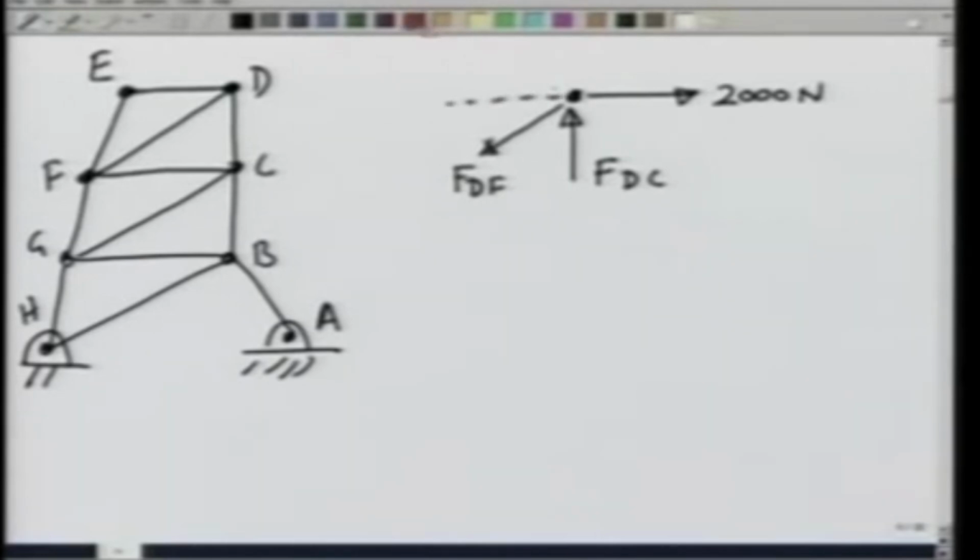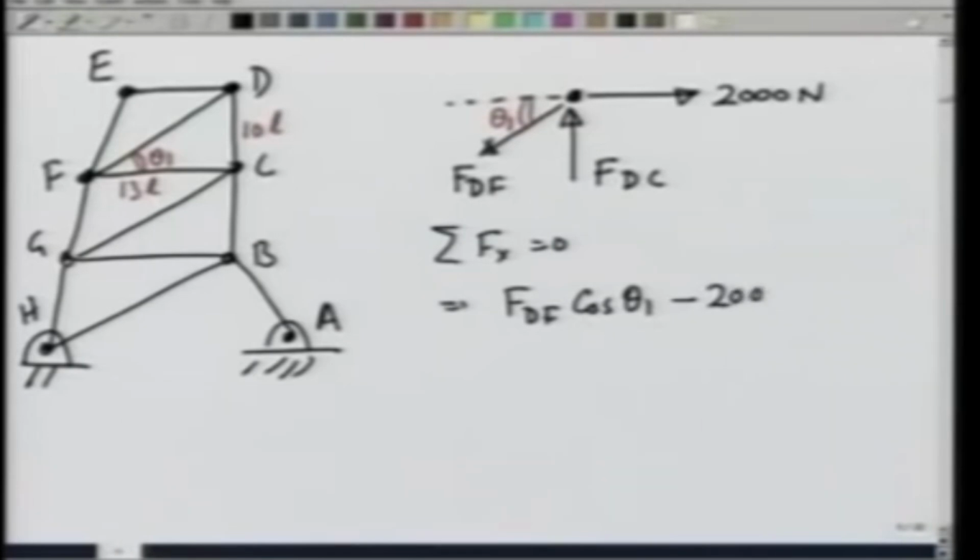Let this angle be theta, and that will be the same angle as this. This is 10L, this is 13L. Let me in fact call it theta 1, because I am going to require other angles later. By summation Fx equals 0, I get F_DF cosine of theta 1 minus 2000 equals 0, and that gives me F_DF equals 2000 over cosine of theta 1.